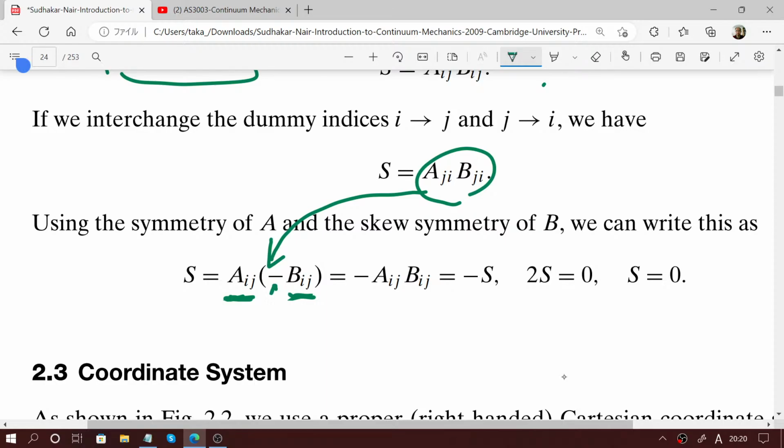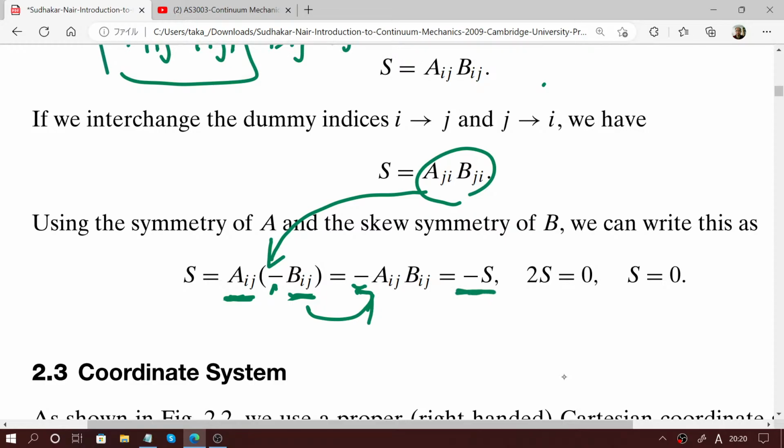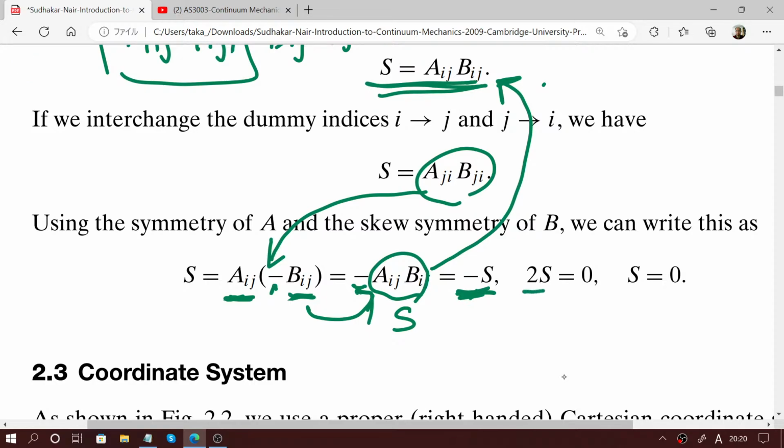So this goes to minus S. Then you get S equals minus S, so 2S equals 0, and S equals 0.